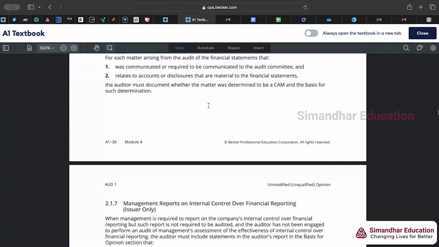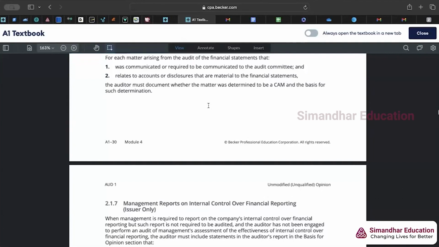For example, cash and cash equivalents, inventory, and accounts receivable are three captions that make up your total assets of $100,000. If your inventory is wrong and it is $70,000 out of the $100,000, 70% is already wrong. So then it becomes a pervasive impact.